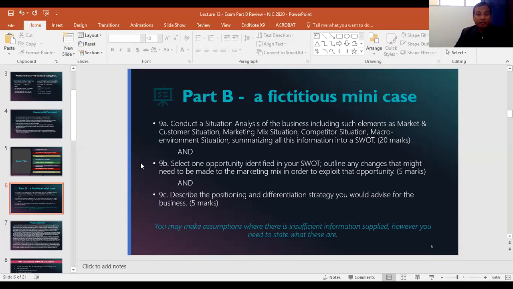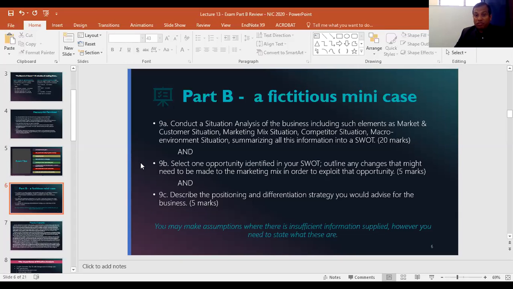So the part 9A, the first part, will ask you to conduct a situation analysis of the business in terms of that particular mini case. You need to do some sort of situational analysis, including such elements as market and customer situation, marketing mix situation, competitor situation, competitive analysis, and macro environment situation.